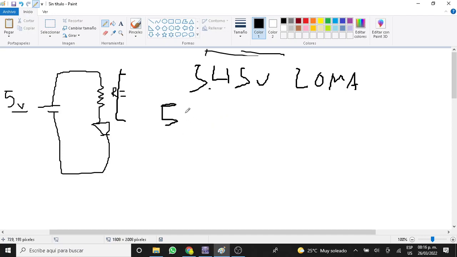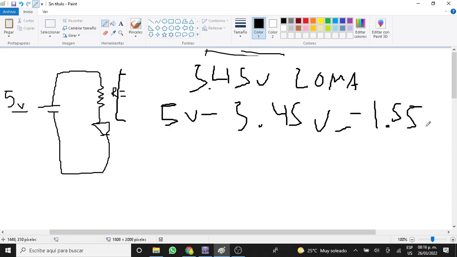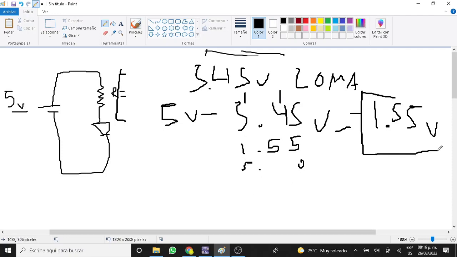5 volts minus 3.45 volts is equal to 1.55 volts. Now we are going to apply the law of Ohm.